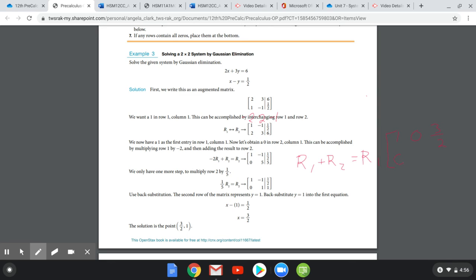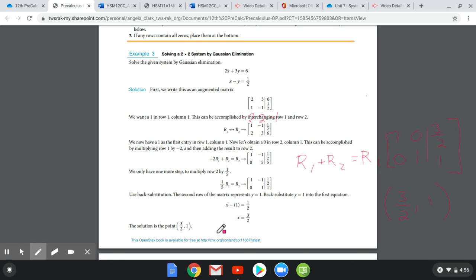And then my row 2 stays the same. So this now says x equals 3/2 and y equals 1, and I can read my solution right off of that.